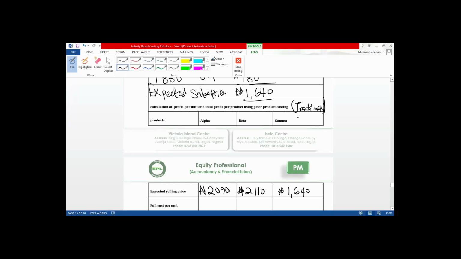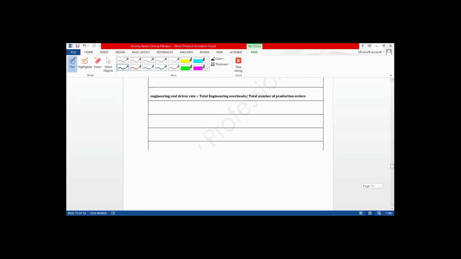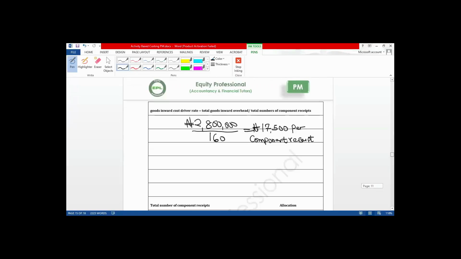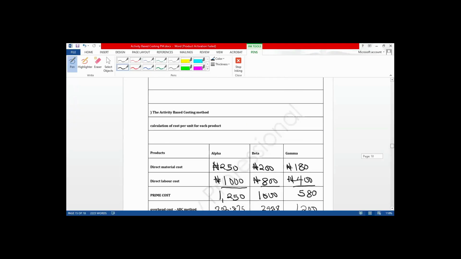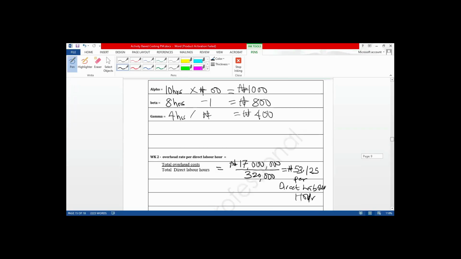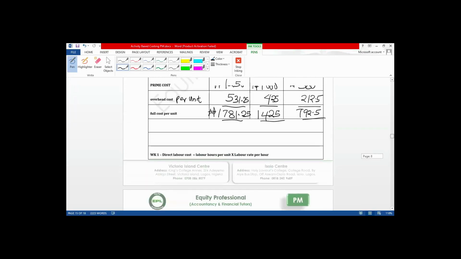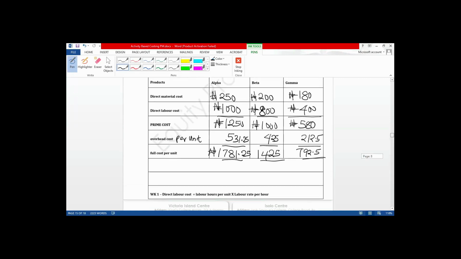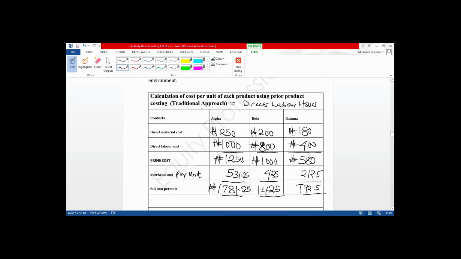What is full cost per unit under prior product costing? Look at it. Please look at it clearly. That is your calculation in A1. Cost per unit for each product using prior product costing.